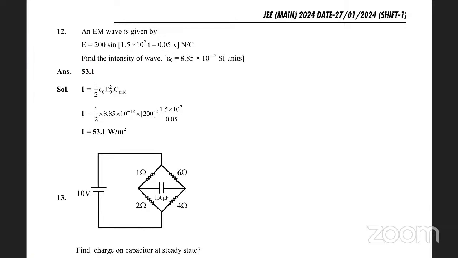Now look at this one. We know that in an electromagnetic wave, intensity is equal to the amount of energy flowing through unit normal cross-sectional area in unit time.